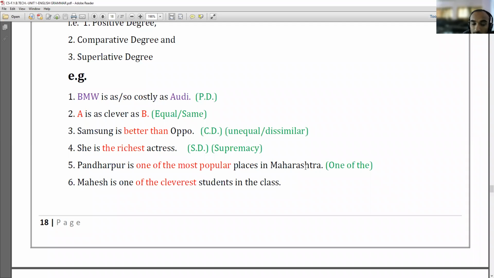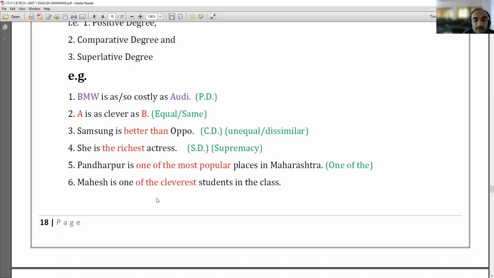So what would be its meaning? Pandharpur is one of the most popular places in Maharashtra. Tell me. पंढरपूर हे महाराष्ट्रातील प्रसिद्ध ठिकाणांपैकी एक आहे. Yes, very correct. पंढरपूर हे महाराष्ट्रातील सर्वात प्रसिद्ध असलेल्या ठिकाणांपैकी एक ठिकाण आहे. वन ऑफ द चा अर्थ अनेकांपैकी एक. So this is the meaning of the fifth sentence.